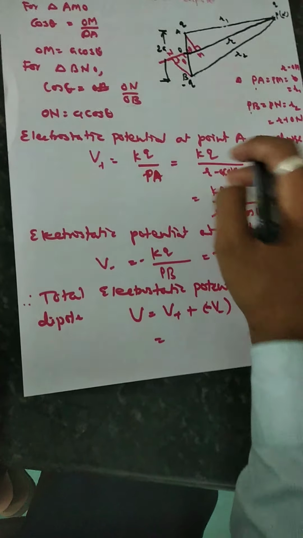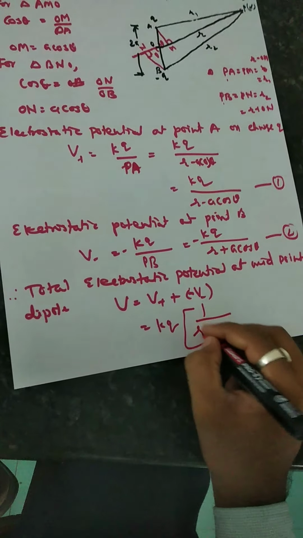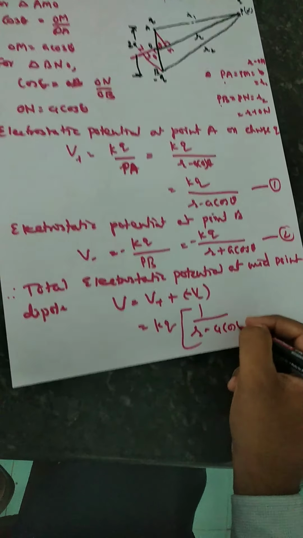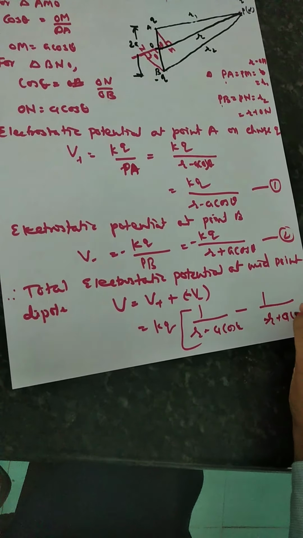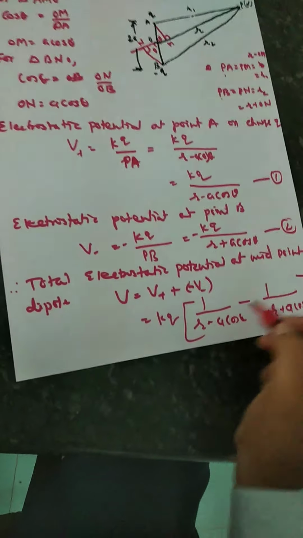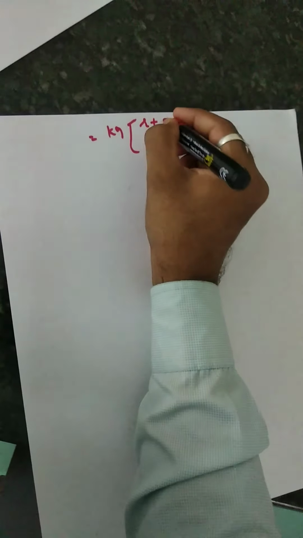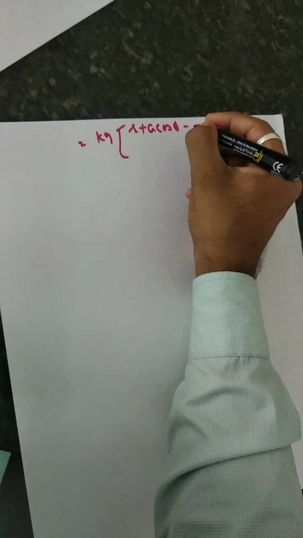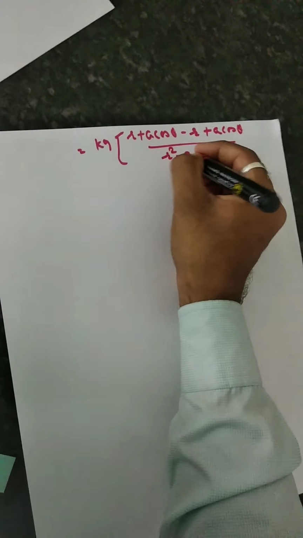In both these equations kq is common, so the equation will be kq times 1 upon r minus a cos theta minus 1 upon r plus a cos theta. Taking the common denominator, it becomes kq times r plus a cos theta minus r plus a cos theta upon r square minus a square cos square theta.